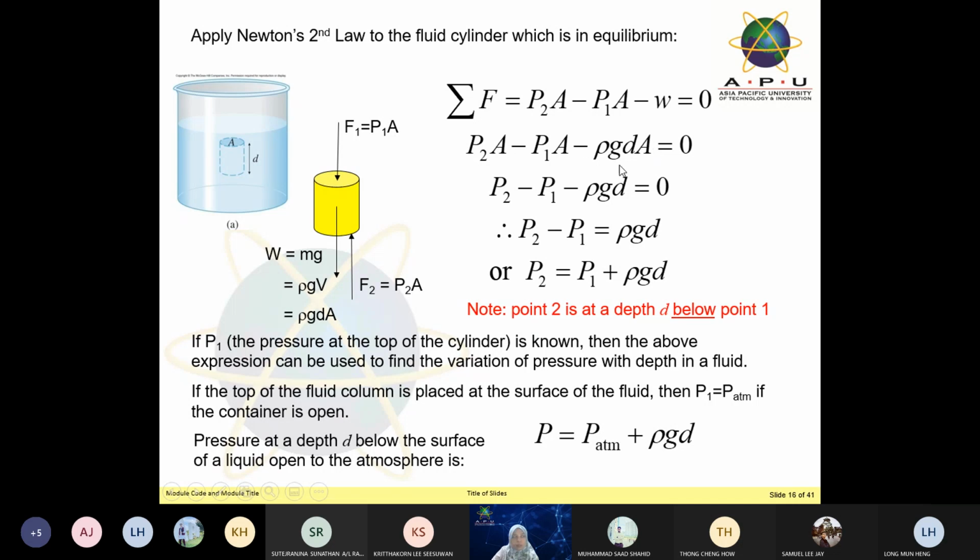Okay, here A is factorized. So factorize, bring to the right side, it will become 0 equals the A times. Okay, after that, rho g d. This formula is provided in the formula sheet, but you must know which one to take.